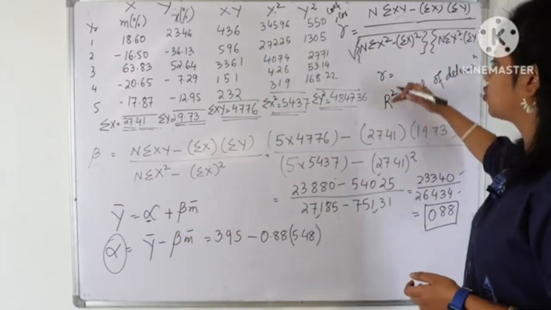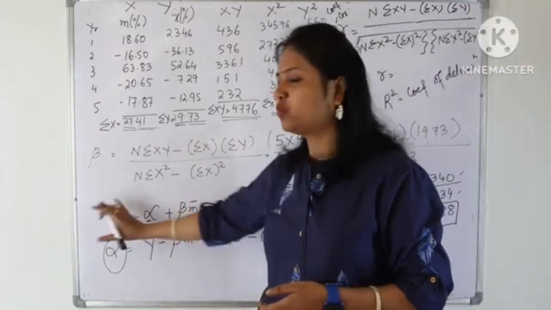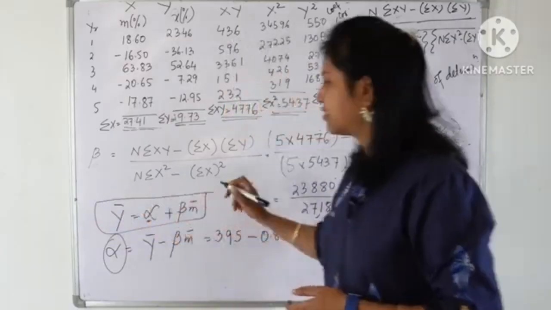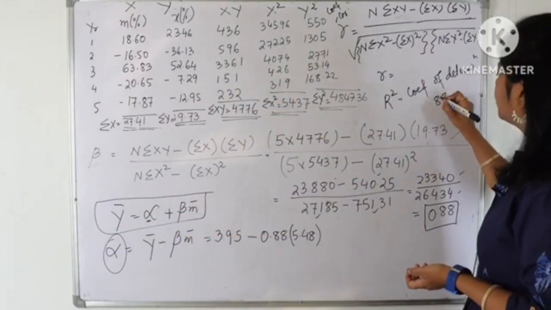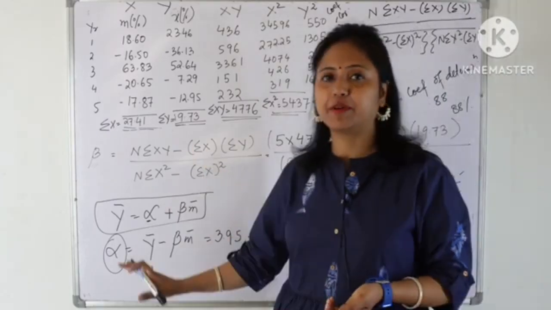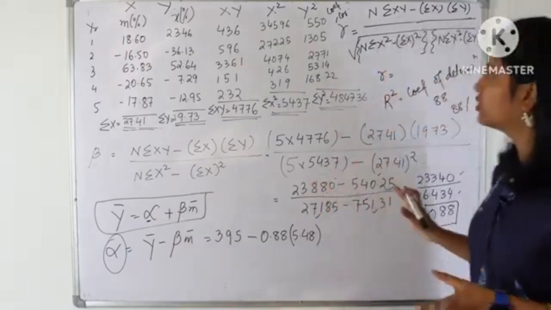If r square is very high, this model is able to capture the relation shown in this equation to the extent of that percentage. Suppose it is coming 0.88, that means 88%. That means this model explains 88% of the variability of the returns. So this is the concept.